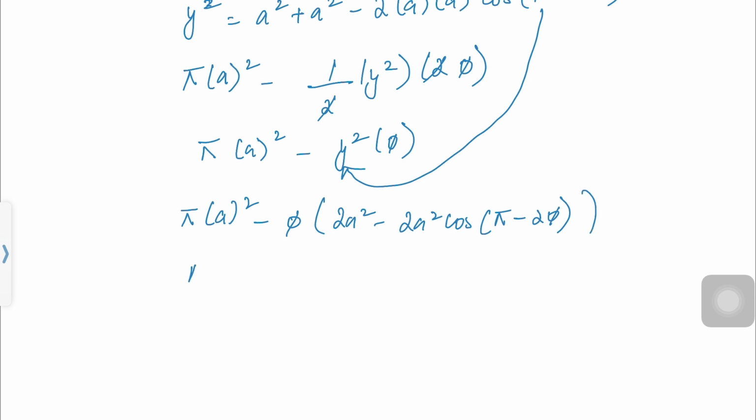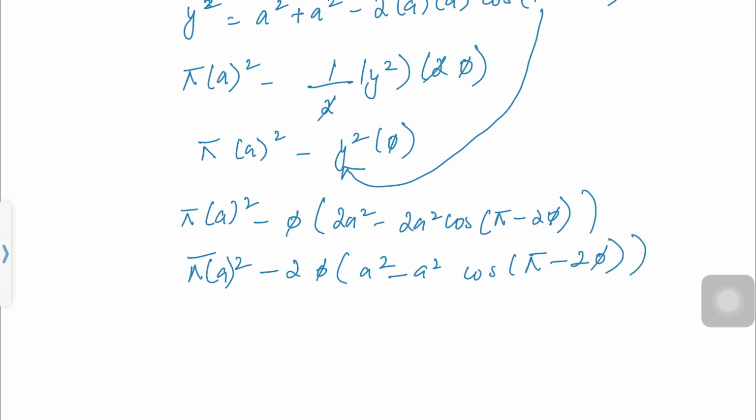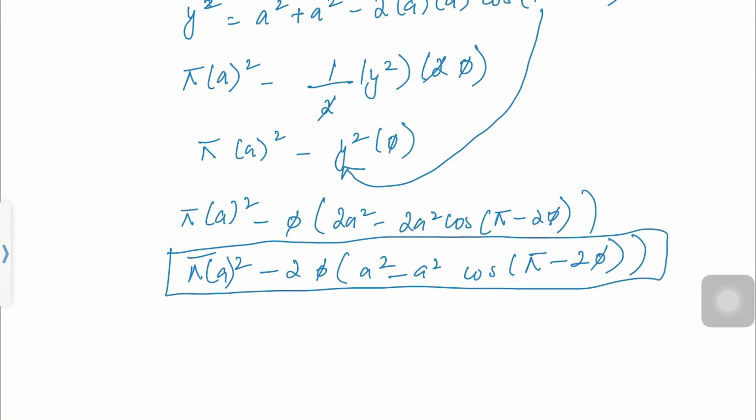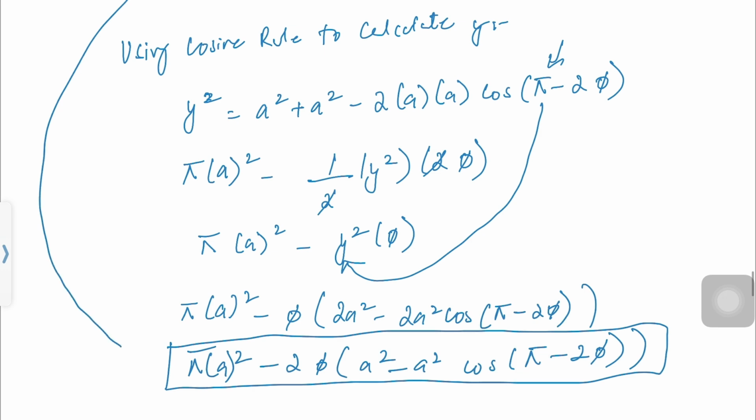Taking 2 also as common, we'll be getting pi a squared minus 2 phi a squared minus a squared cos of pi minus 2 phi. So this is our final answer for the area of the shaded region.